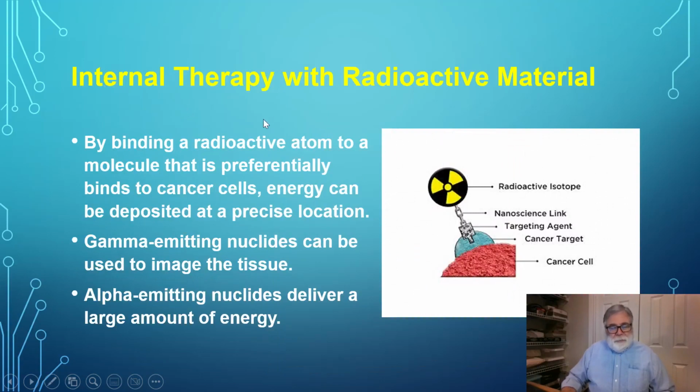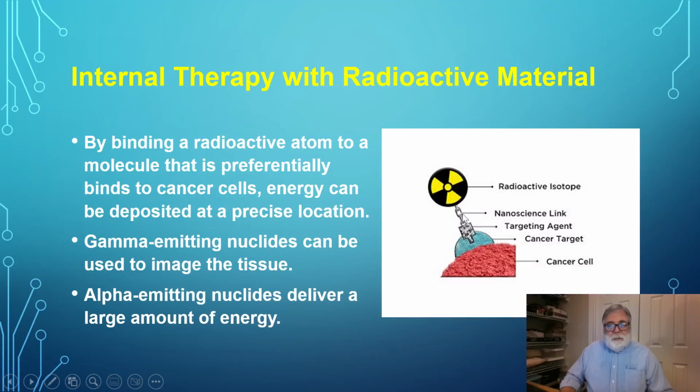Another thing now, we talked about some kinds of external beam. What about radioactive material? Well, with radioactive material, first we can bind our radioactive atom to some molecule that has an affinity for the tumor.